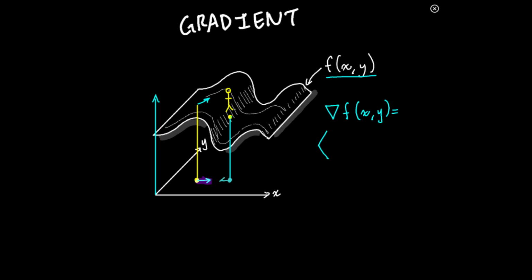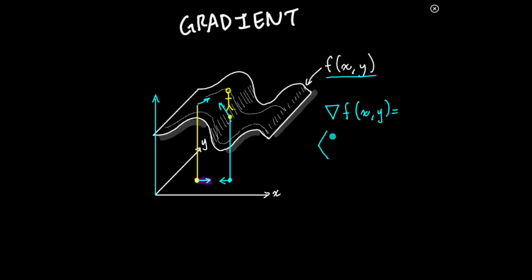I would travel this way to go uphill the fastest. That's going to take me up this way, which would be the steepest incline. So what this function outputs is simply the direction in which I would have to travel relative to the xy plane to go uphill the fastest. It's going to give me this vector.